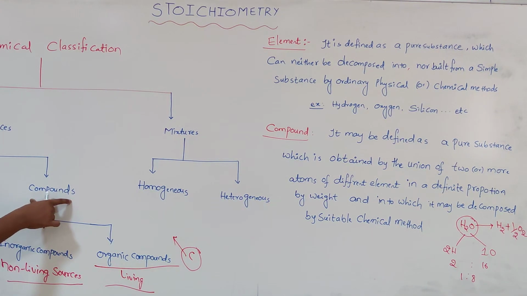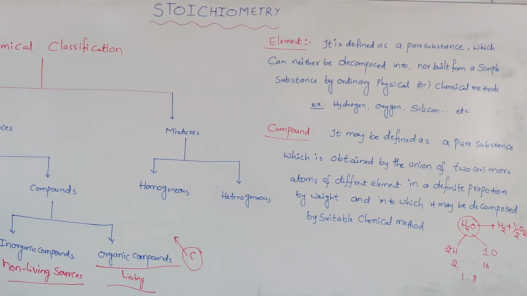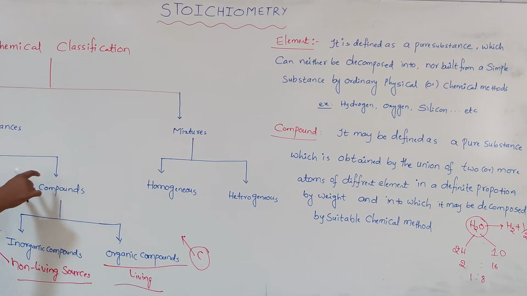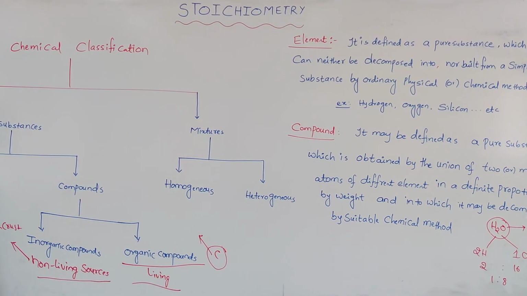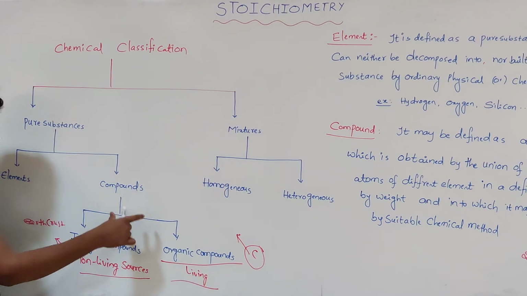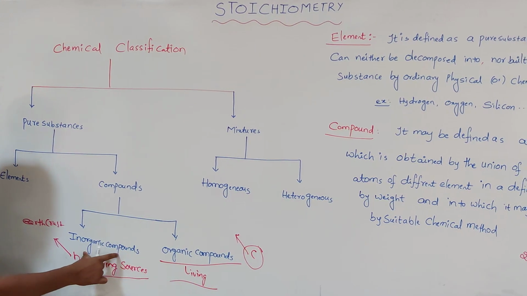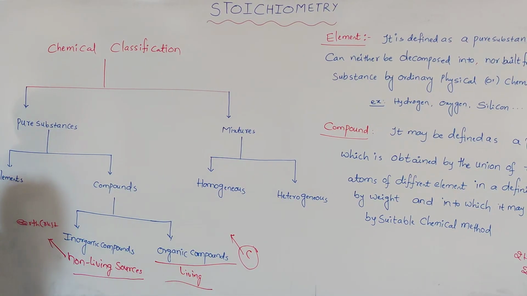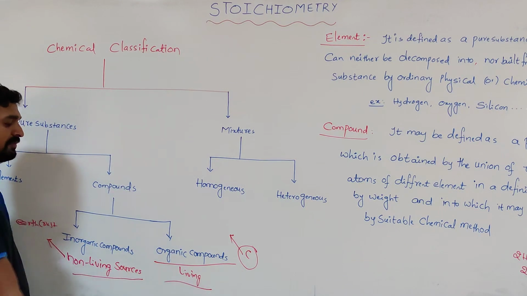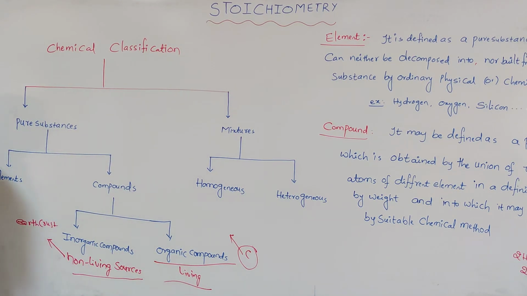But compounds are made from two or more different types of elements combined in a certain proportion by weight, and when they are decomposed, they are converted into the atoms of elements. These are further classified into inorganic compounds, obtained from non-living sources, and organic compounds, obtained from living sources.